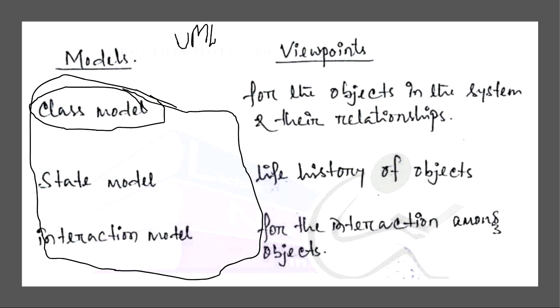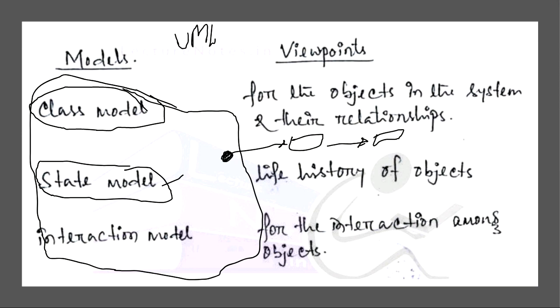Suppose I have to perform an ATM transaction. That will be a state model because I will be at the initial state, idle state. Then I enter the card, my state will change. Then it will ask for the pin, my state will change. If my pin is correct, I will reach the final state. If my pin is incorrect, I will be sent back again. So this is a state diagram.